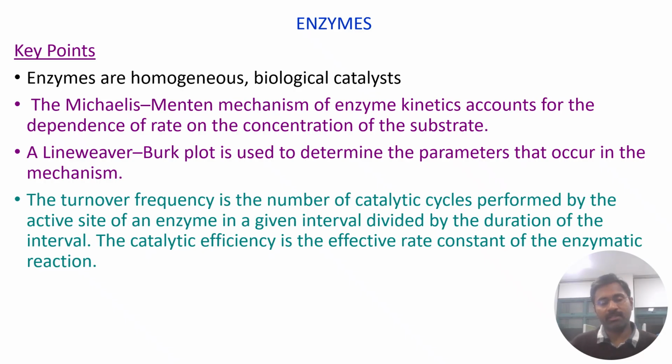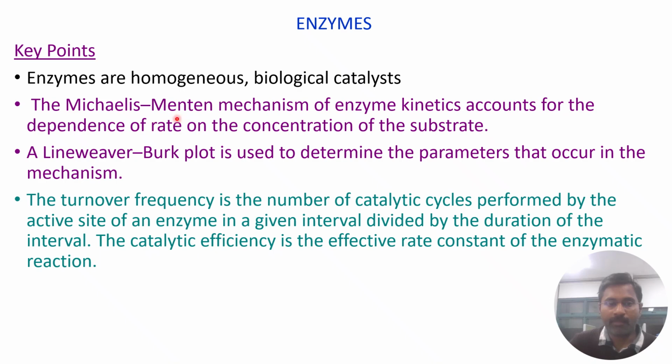understanding the enzymes and their structures. These are the important points that we will be discussing. One is enzymes: enzymes are homogeneous and biological catalysts. Then enzyme kinetics is understood through the Michaelis-Menten mechanism.